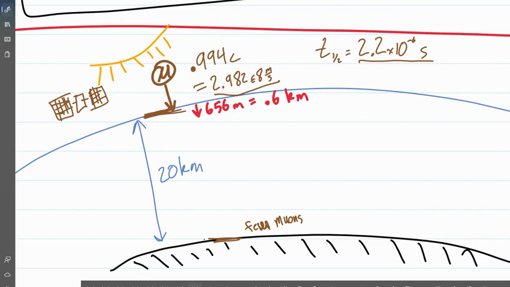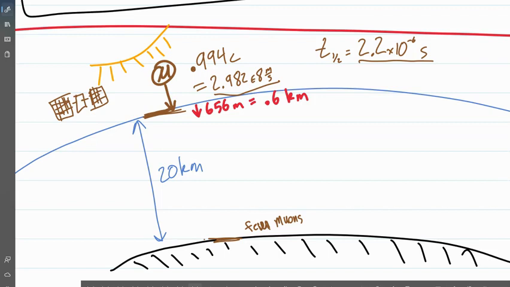Essentially, we would get 9.2 times 10 to the minus 11 as the fraction. So about one out of every billion or a couple billion muons would make it to the Earth's surface.